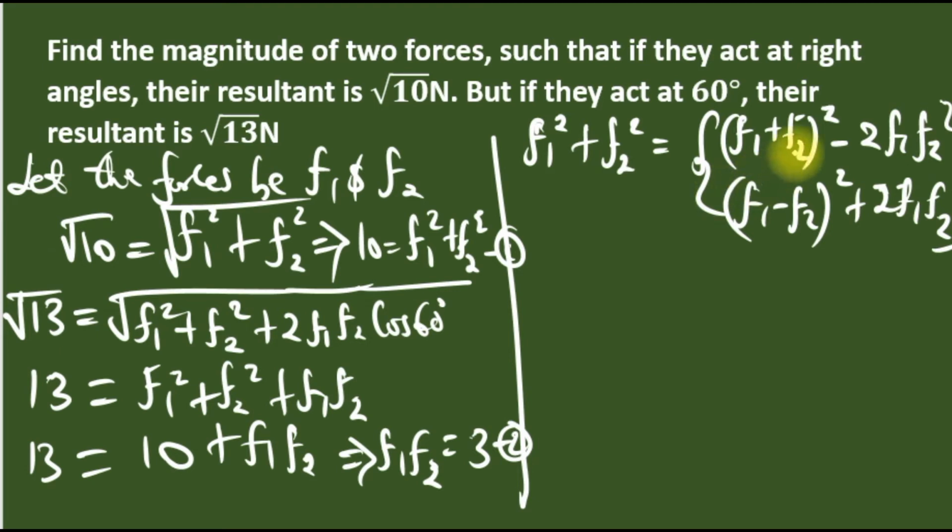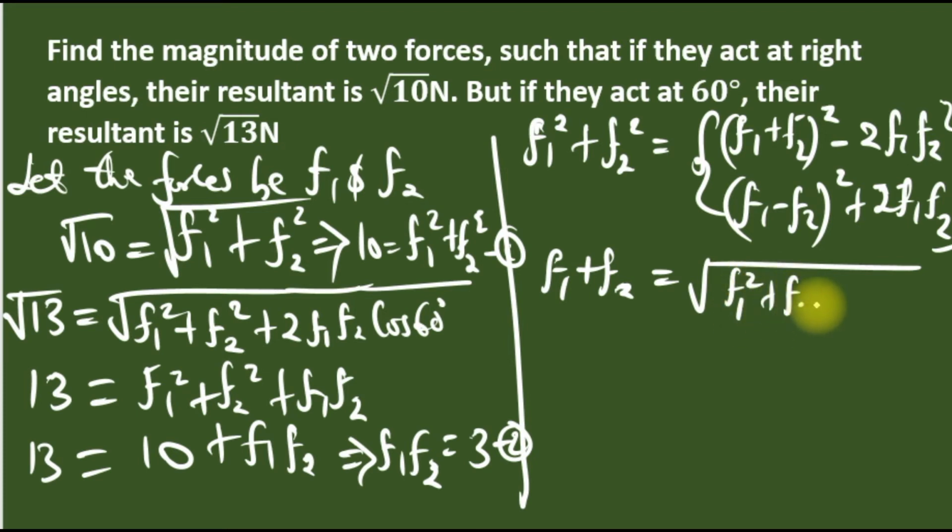So we now see that in the first equation, if we make F1 plus F2 the subject of the formula, it is the square root of F1 squared plus F2 squared plus 2 times F1 times F2.